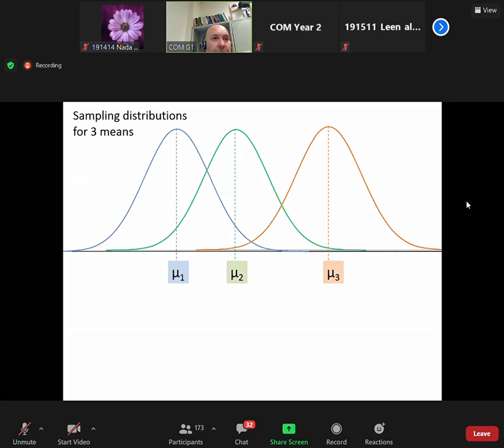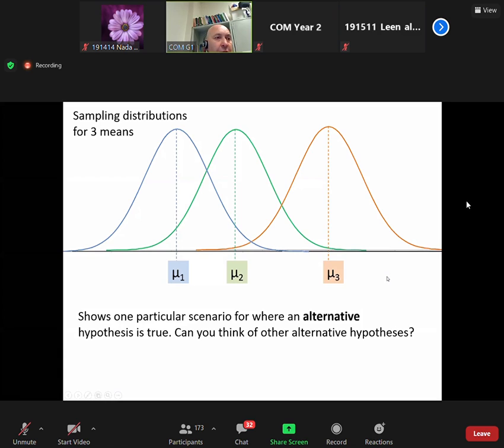I'm going to explain this a bit more. Let's just think of these sampling distributions for 3 means, and they're centered on 3 population means here. These are the sampling distributions. This is for mu1, this is for mu2, and then this is for mu3.